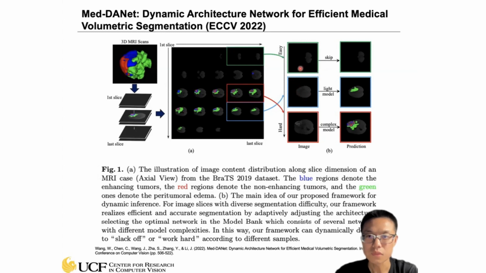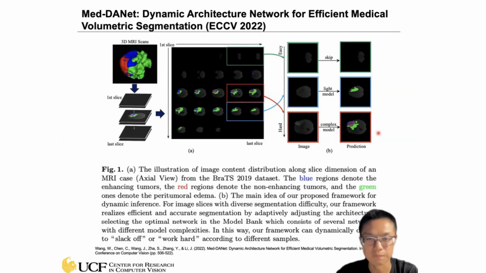Again, we have an option of totally skipping. For this one, we can just predict there's no tumor, and output a segmentation map of 0, so that we don't incur any computation. But for some of the easy cases, we have a light model to generate the corresponding segmentation. For some of the complex slices, we use maybe the most complex model to do the prediction.